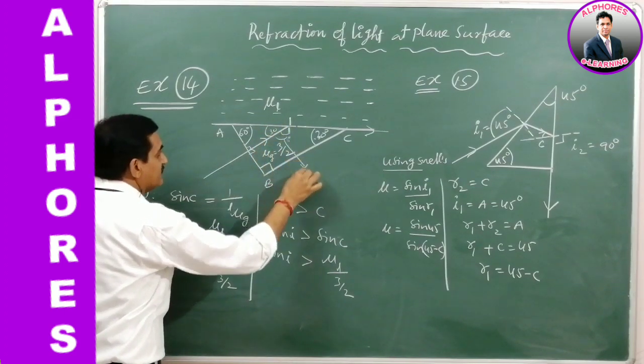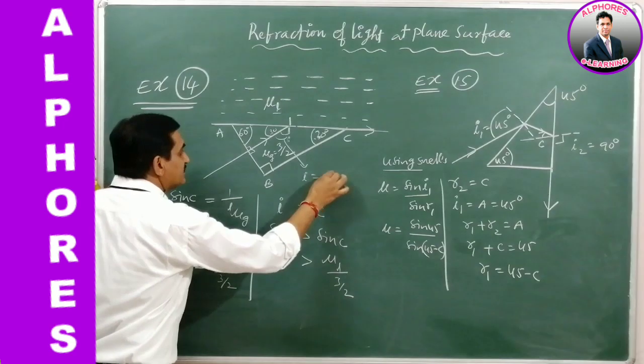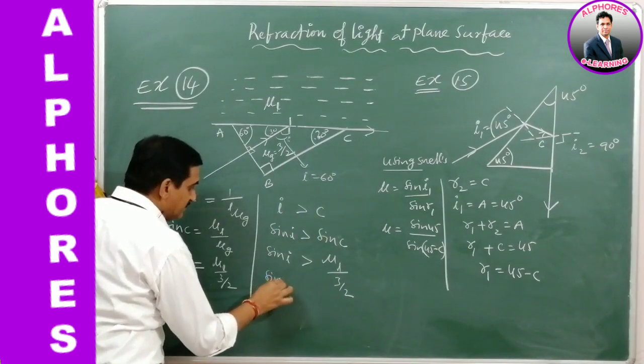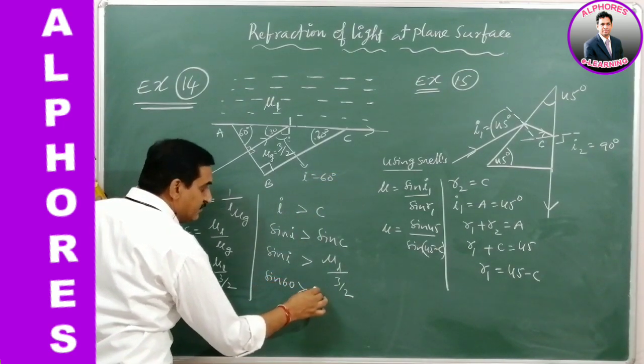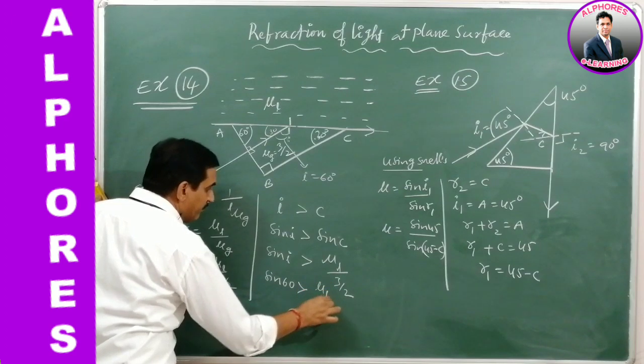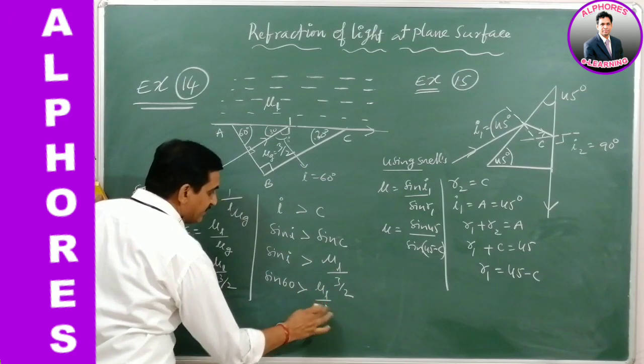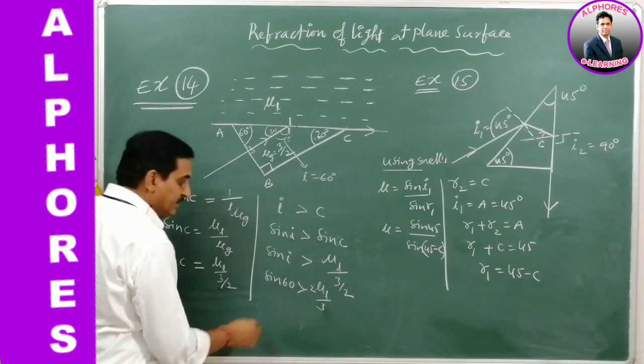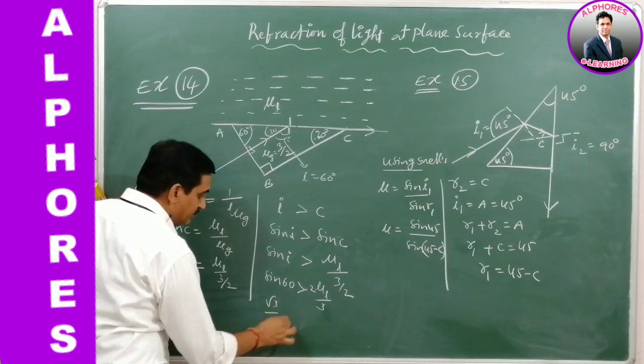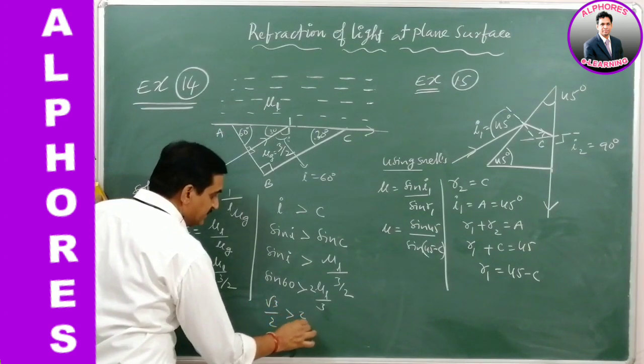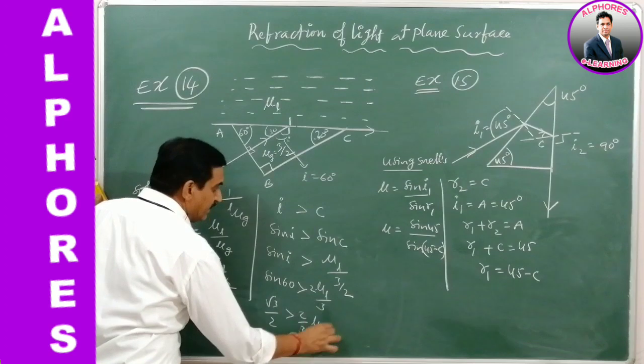Here this is the angle of incidence, i is equal to 60 degree. Therefore sin 60 is greater than 2 by 3 mu liquid. Now this is root 3 by 2 greater than 2 by 3 mu L.